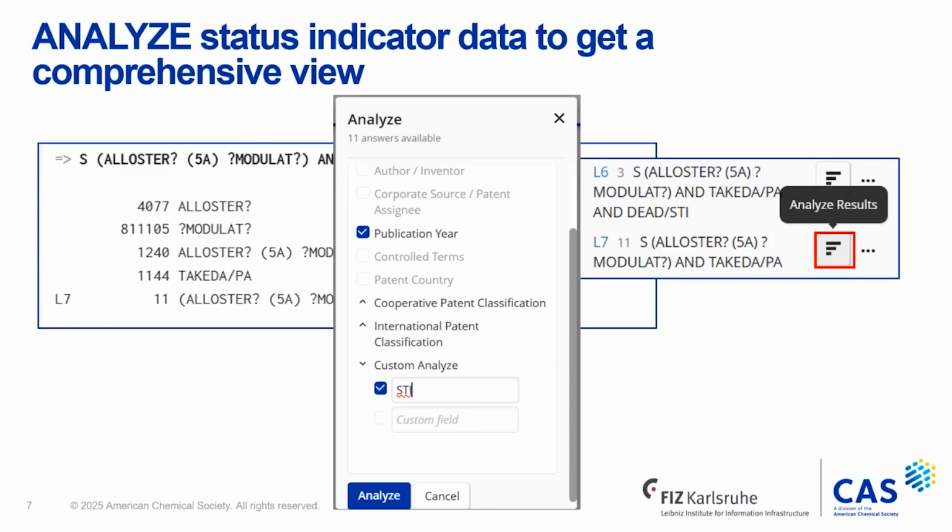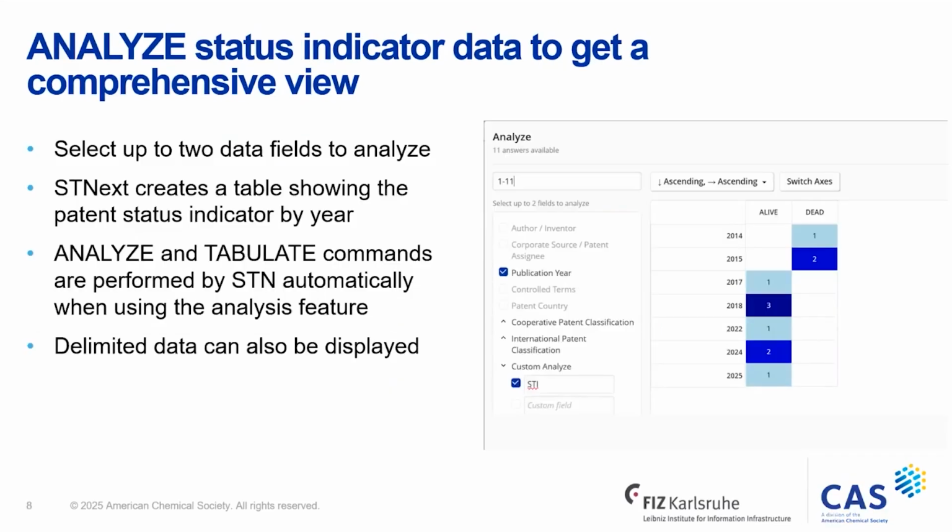We could just select one, but here, just to add more information to our analysis, I then add our custom analyze field, because the status indicator is not one of the standard 5 that are always available at the top of that list, but because it exists in this database, we can add any custom field there, and when we analyze that information, we get a couple of things.